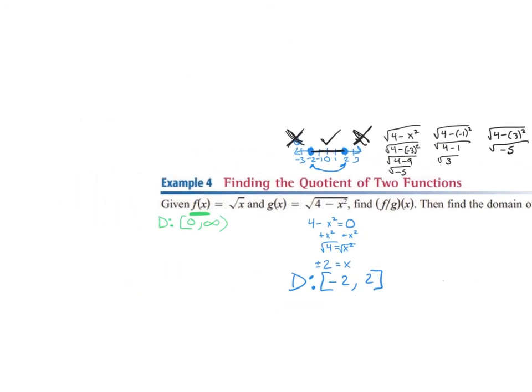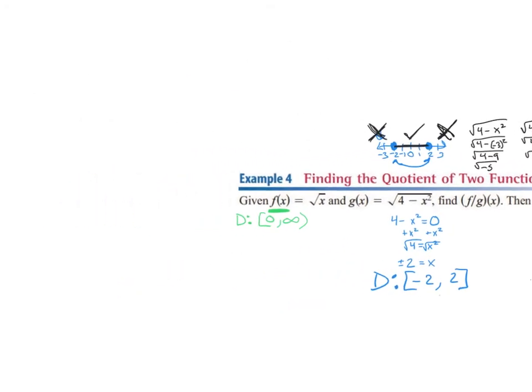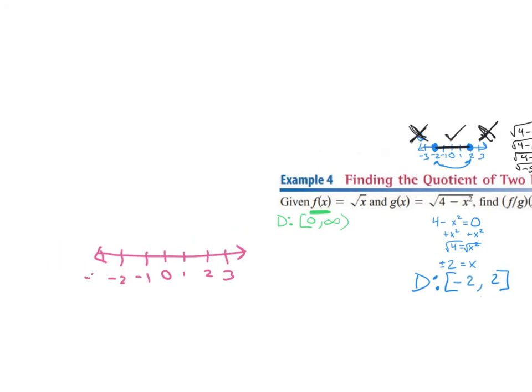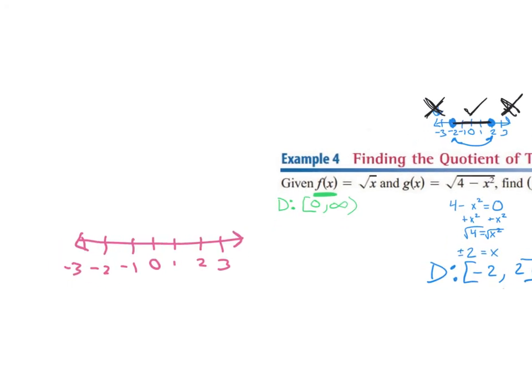So that would mean our domain for both of them, which I'll do on the side over here, has to contain the common numbers between these two domains. So on our number line, we have 0, 1, 2, 3, -1, -2, -3. Our domain for f of x includes 0 and goes to infinity.